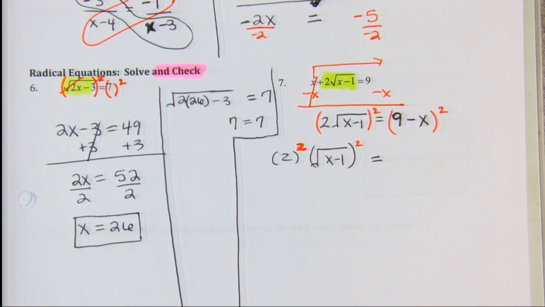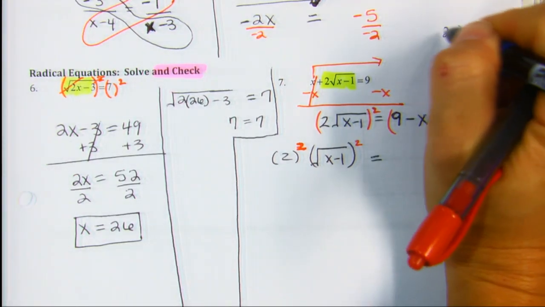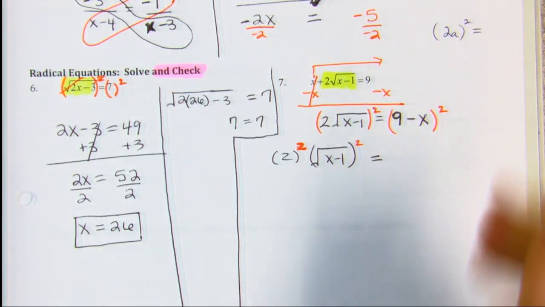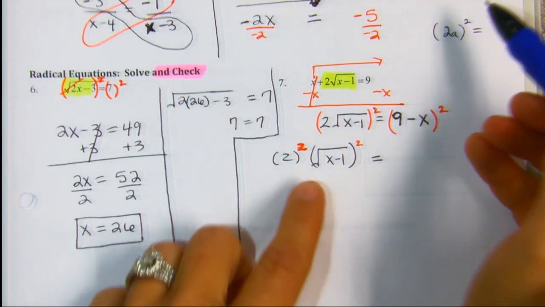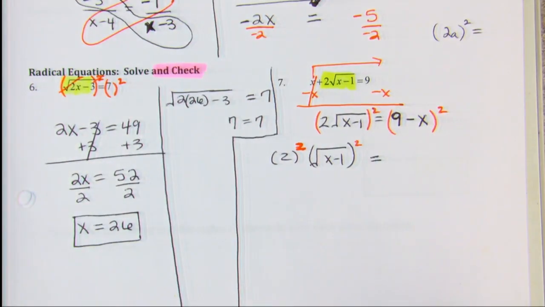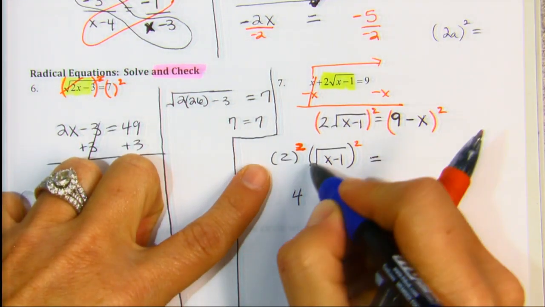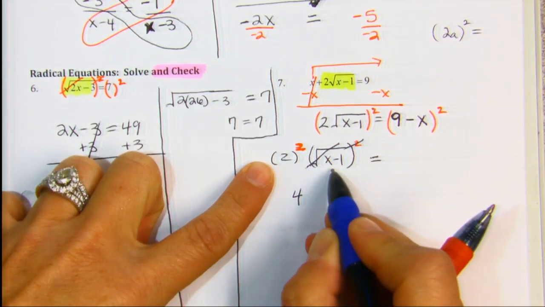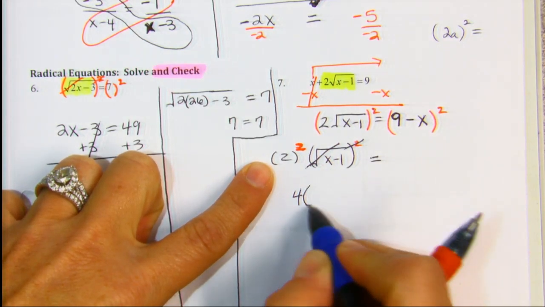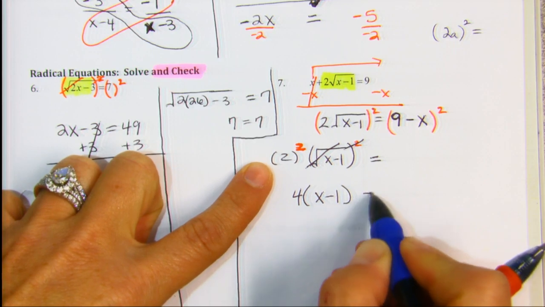There's a longer explanation, but to make it simple, let's just pull it apart and know that it's kind of like when you had 2a and you squared it. I know a is just a letter, it's not a radical, but your square went to both things, right? 2 times 2 is 4. So we're doing the same thing when there's a number in front of the radical. So that's 4, and then the square cancels the radical, so there's a binomial under there, so we're going to put it in parentheses, x minus 1.